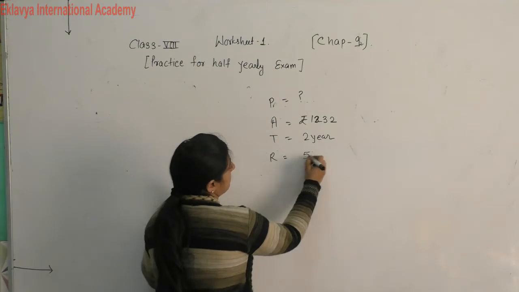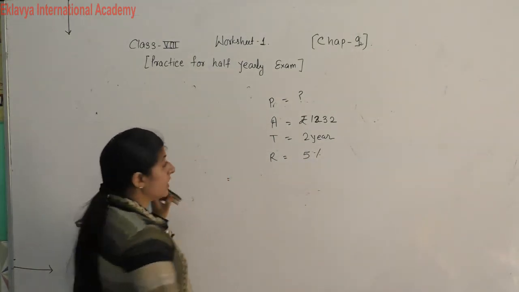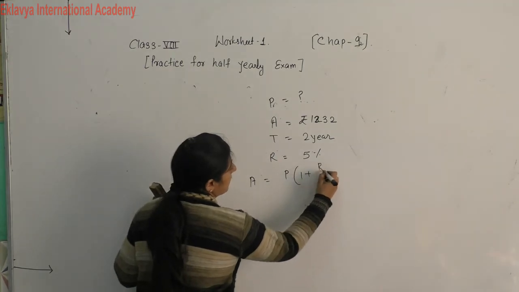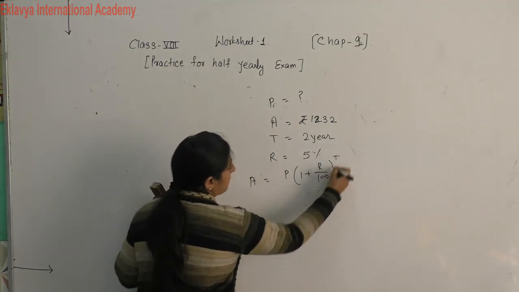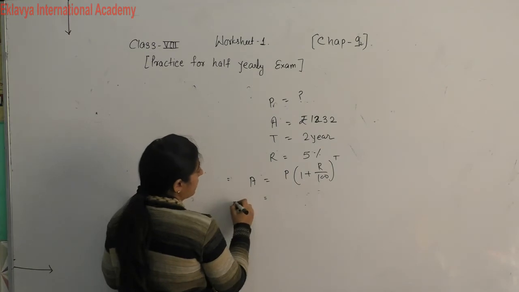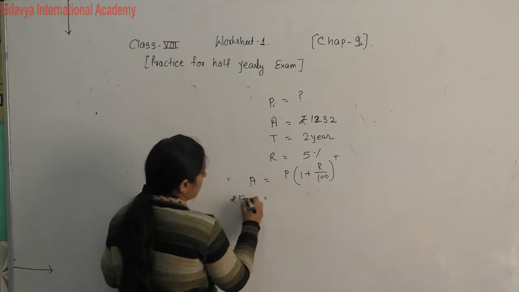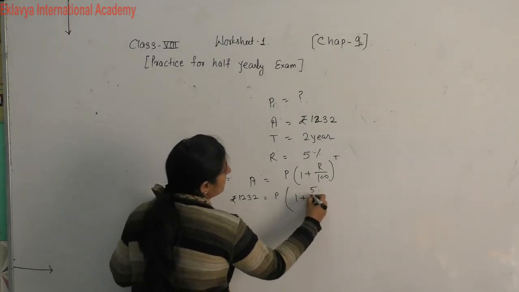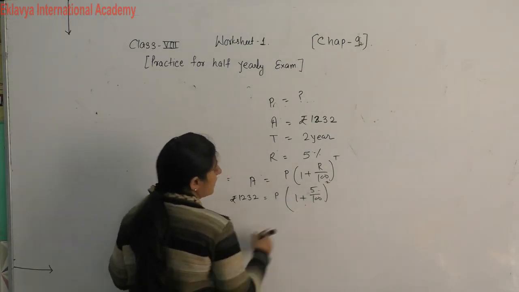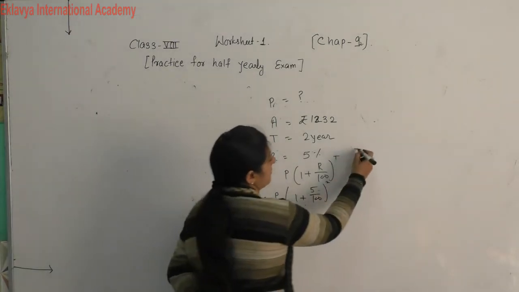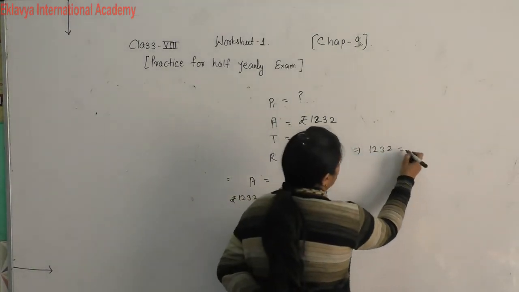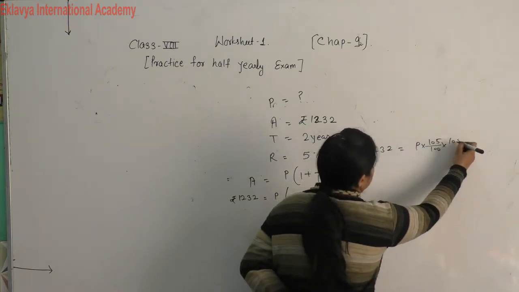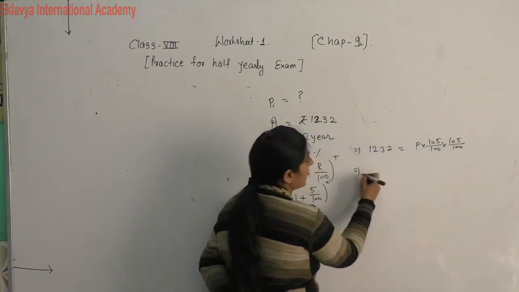5%. Same pattern, that amount is equal to principal into 1 plus R by 100 power T. Amount we know rupees 1232. Principal we don't know, 1 plus 5 upon 100 power 2. 1232 is equal to P multiply 105 upon 100 into 105 upon 100.